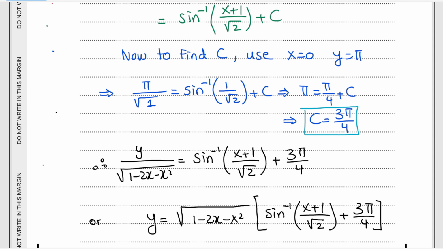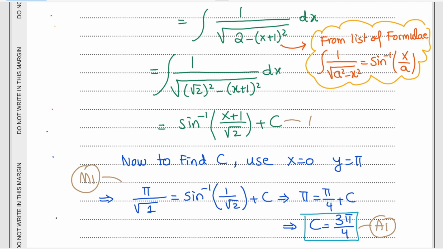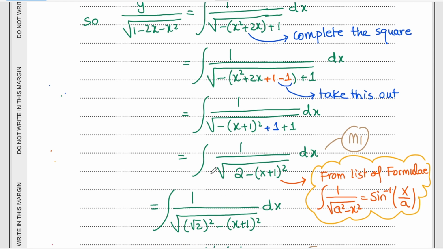Let's now distribute the marks. There's an accuracy mark for getting the final answer and an accuracy mark for getting the constant c. There's a method mark to substitute the initial conditions. There's an accuracy mark to get this answer for the integral. And there's a method mark to integrate the right-hand side, and the integrand must be of correct form.